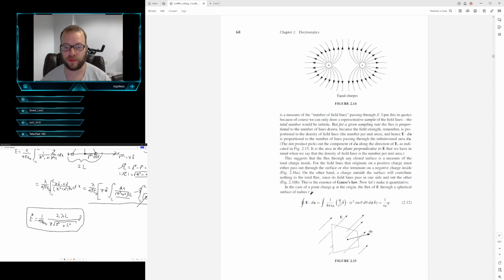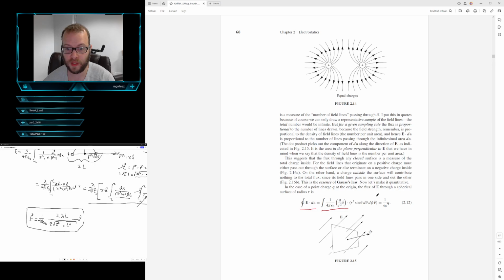Okay, so now let's make it quantitative. So, we've got a surface element, the flux through a surface dA, write out Coulomb's law, and we're going to write this in spherical coordinates.